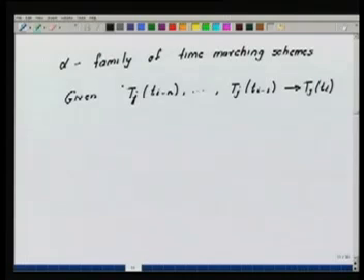In our standard connotation, we will call it Tj at station i minus n. This means that it is at time station i minus n, and this I will call Tj at station i. So given these, I would like to obtain it. The alpha family uses the value at the previous time station. So how does it go about doing it is the following.